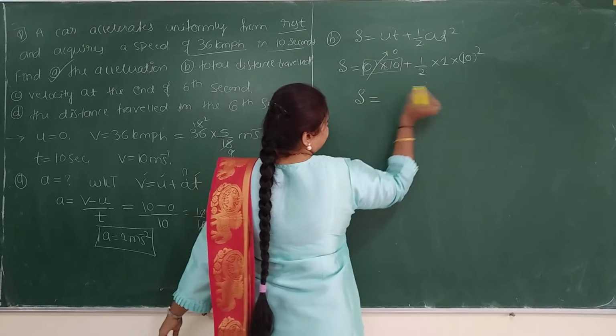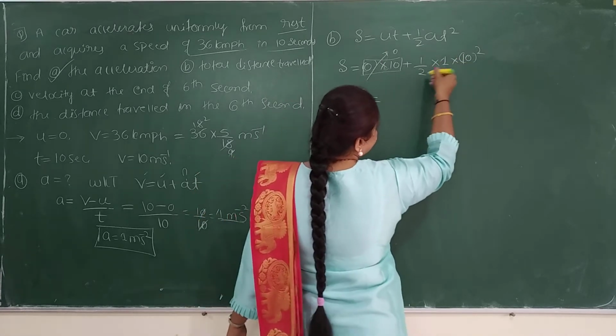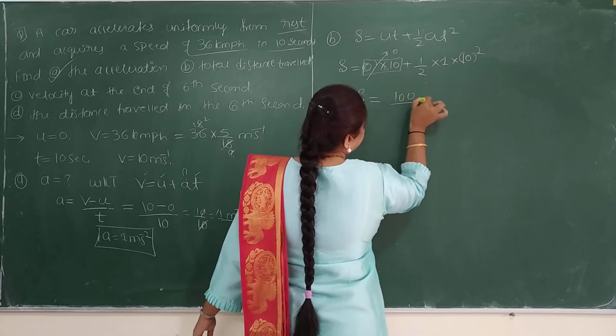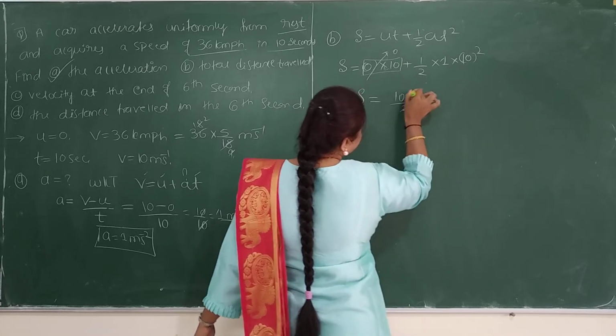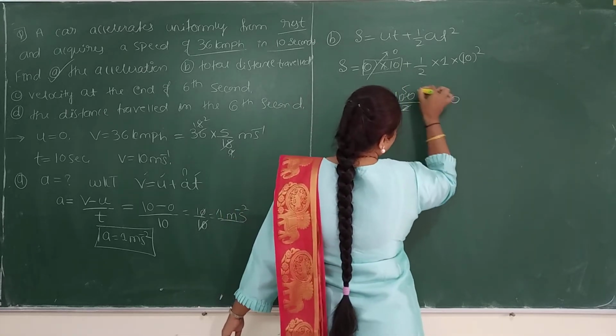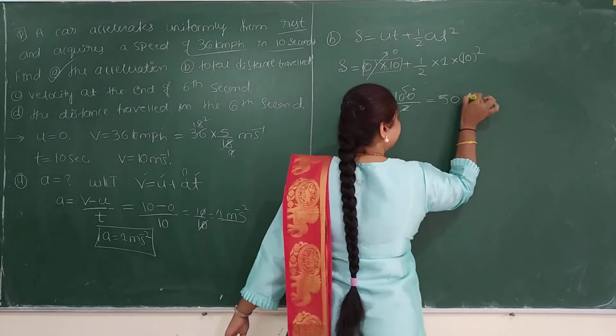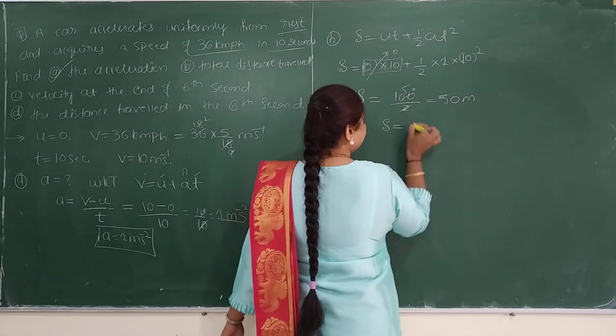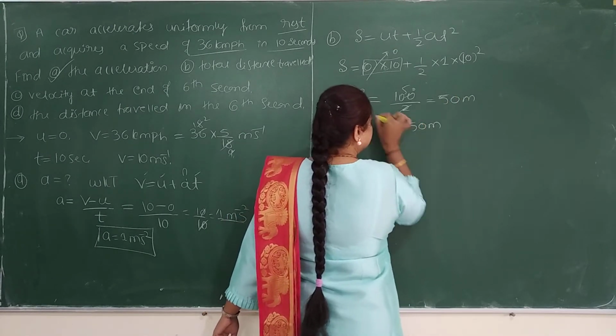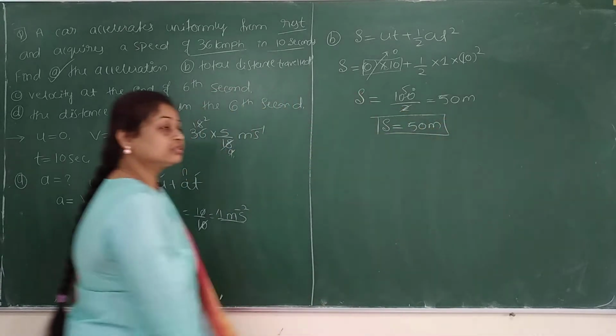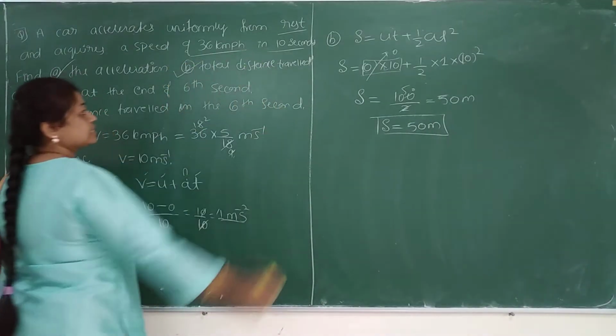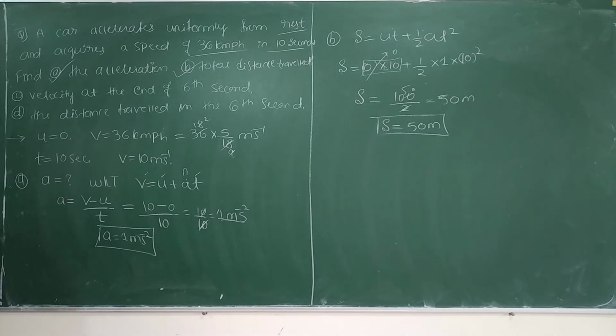Then s equals 100 upon 2, that will be 50 meters. So the distance travelled by the car is 50 meters. This is the second answer, total distance travelled by the car.